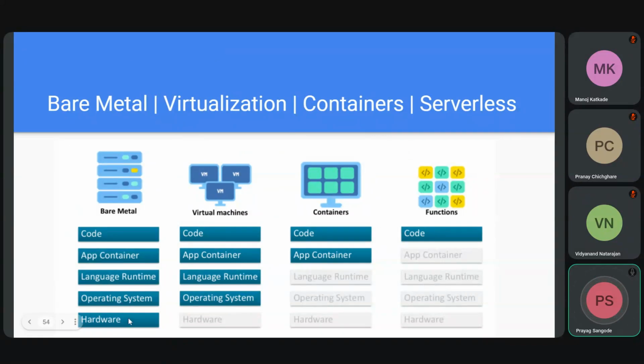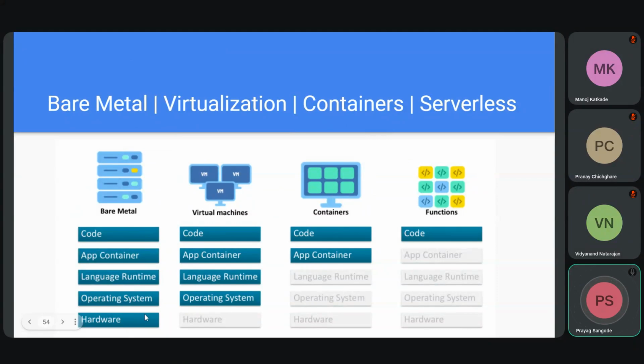We need to buy hardware, then install the operating system on it, then some language runtime or programming language runtime, and on top of that we install our code. This is how we do it in bare metal format. In bare metal there is only a single operating system, and in short a single kernel. There is only one kernel.